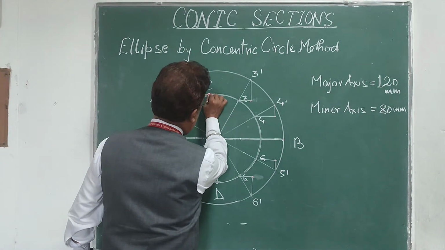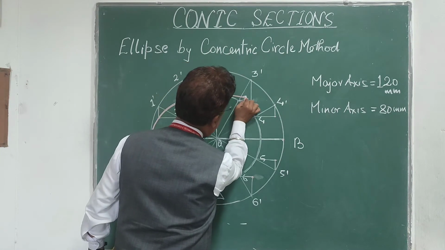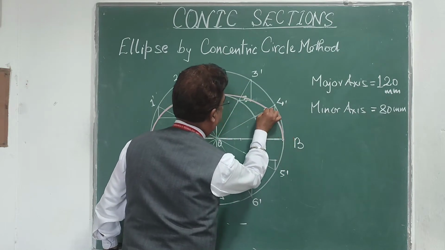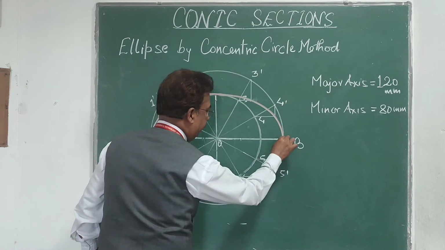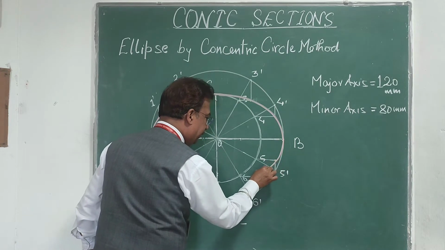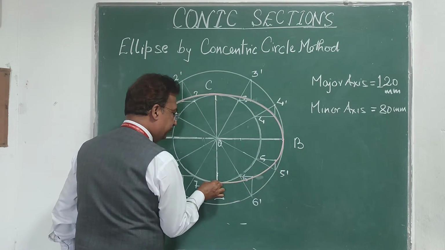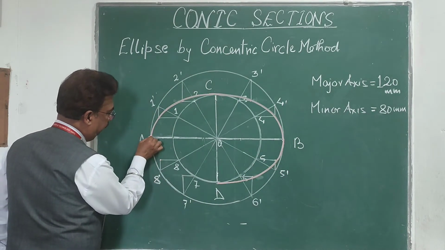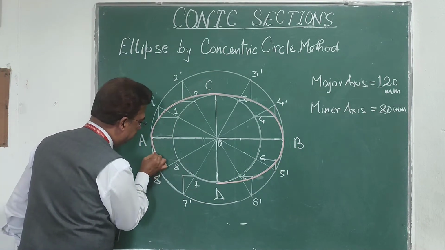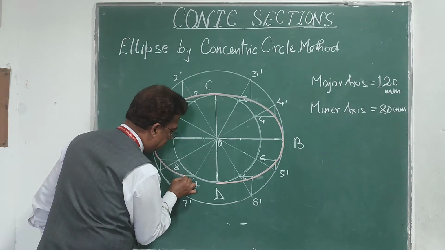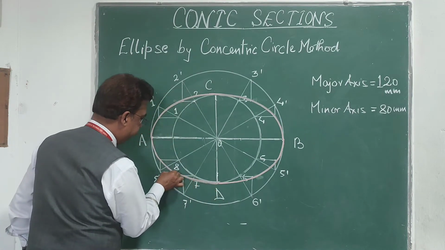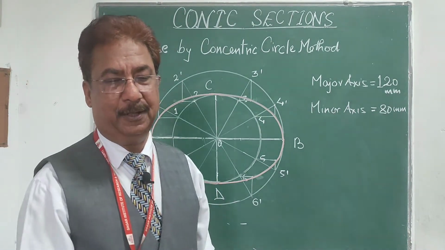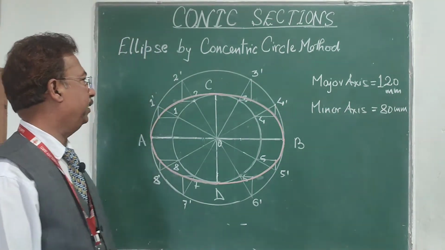Further, if we move forward, then again with the same method, I can come down like this, then from the lower side, from 5 dash, 6 dash up to D, and from A it can go like this. So this is the curve, that is the ellipse, with the help of the concentric circle method.